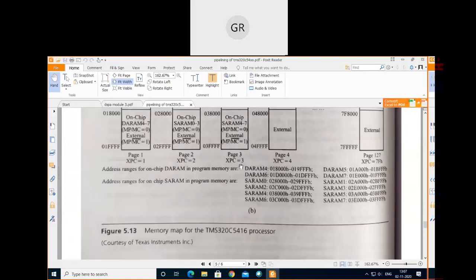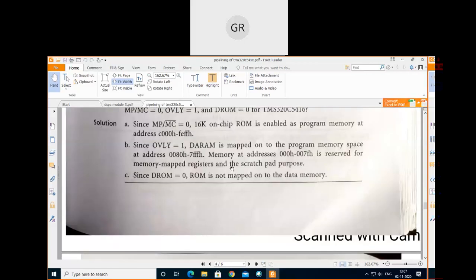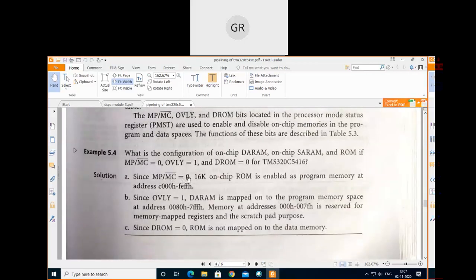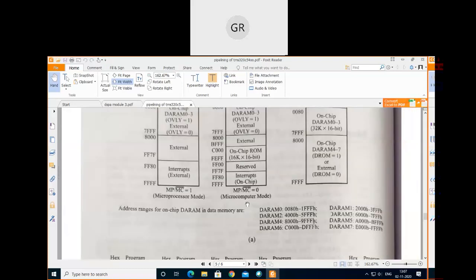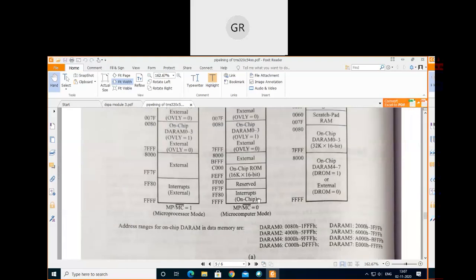See, I'll go through the explanation here. When MP/MC bar equal to 0, it's in microcomputer mode.